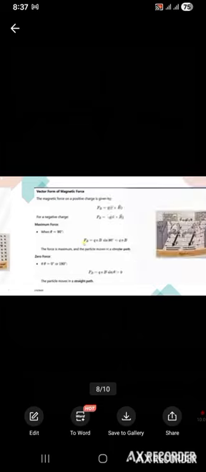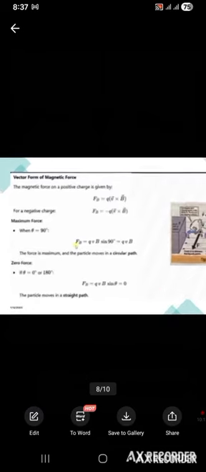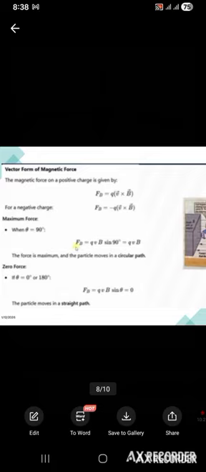In vector form, the force will be represented by a vector product of the velocity and the external magnetic field. You can see the difference of the signs. The first one is positive q, and in the second expression it is negative q, which shows a negative charge.